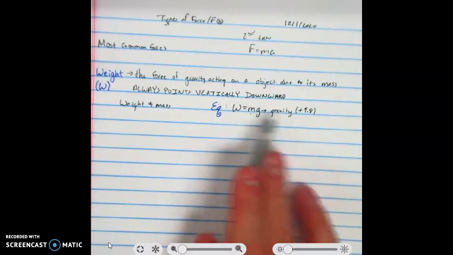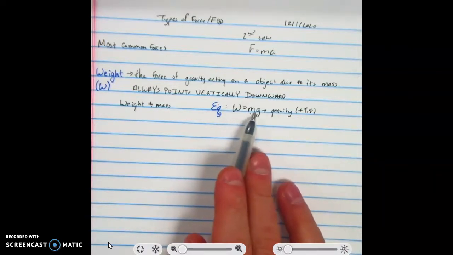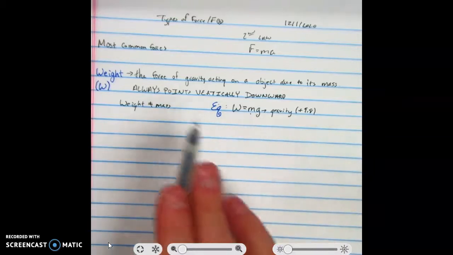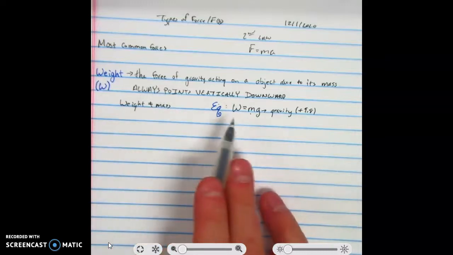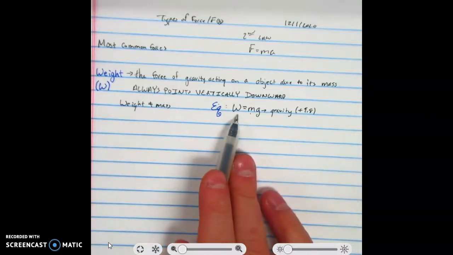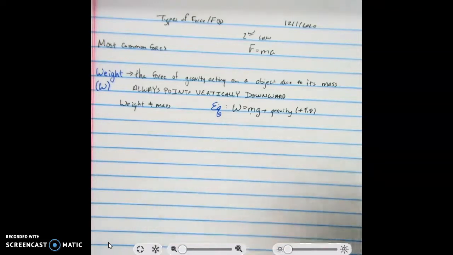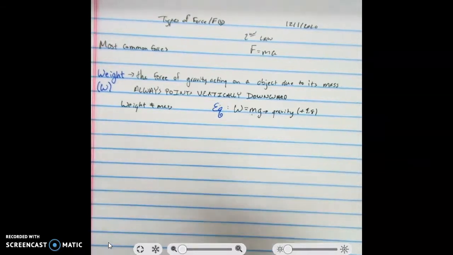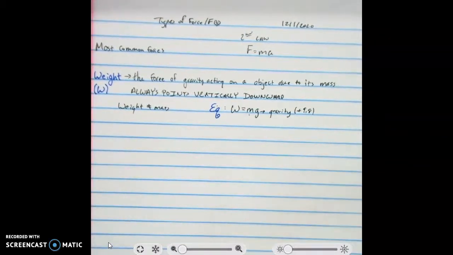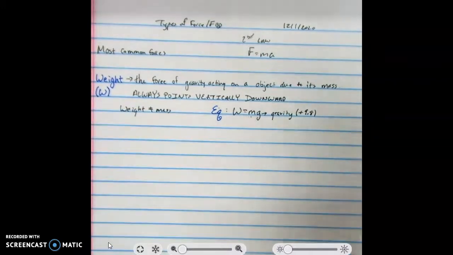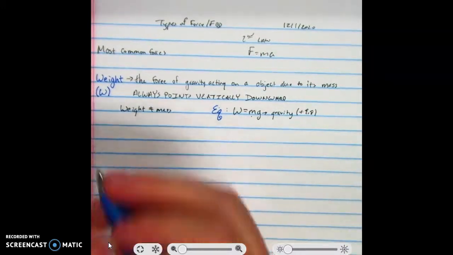Gravity is also positive, so when you multiply these two things together, you will get a positive response. But force, which is my capital W now, is a vector, so weight will be negative. I'll show that a bit more in a second with our free body diagram. Weight is the most common type of force that you will deal with because you're always going to have it as long as you are on a planet.